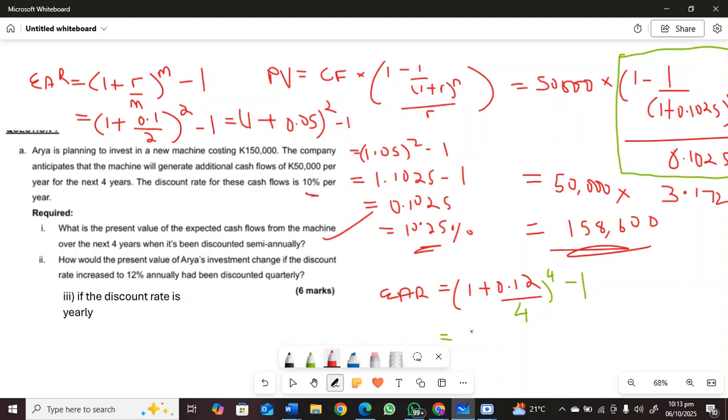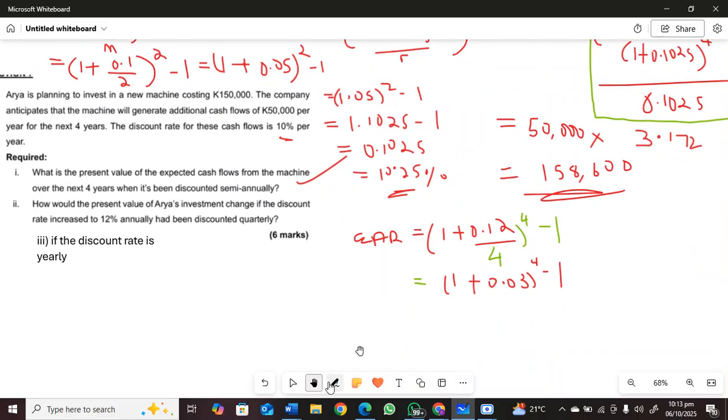So here, 0.12 divided by 4, you get 0.03. 1.03 to the power of 4 minus 1.